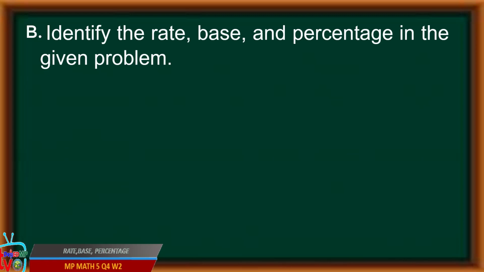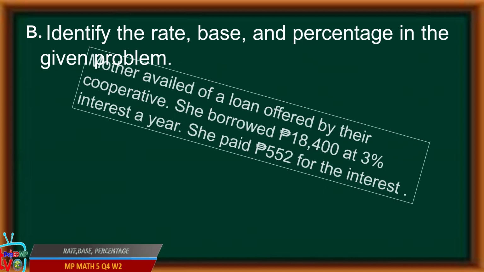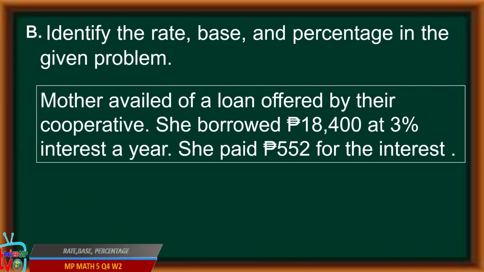Letter B. Identify the rate, base, and percentage in the given problem. Here's the problem. Mother availed of a loan offered by their cooperative. She borrowed 18,400 pesos at 3% interest a year. She paid 552 pesos for the interest.